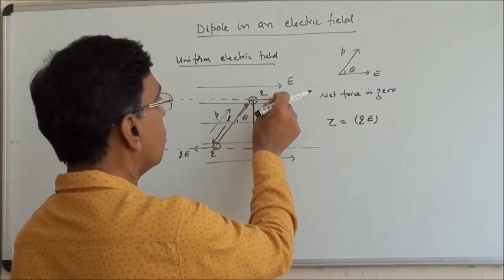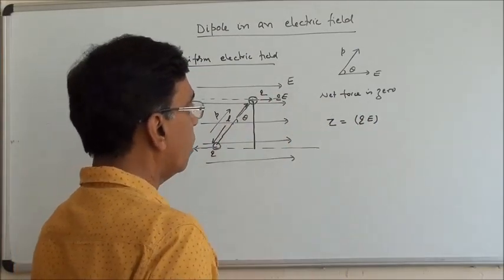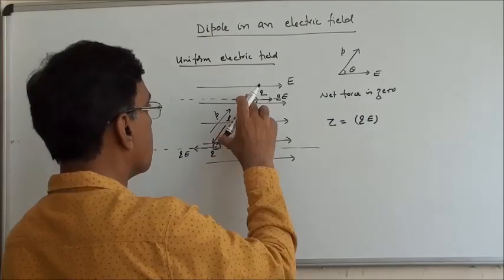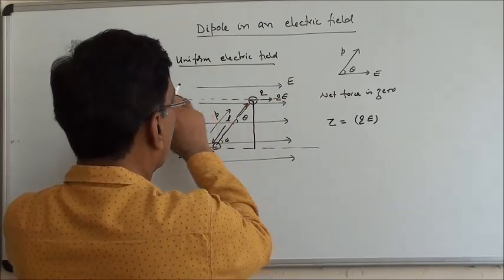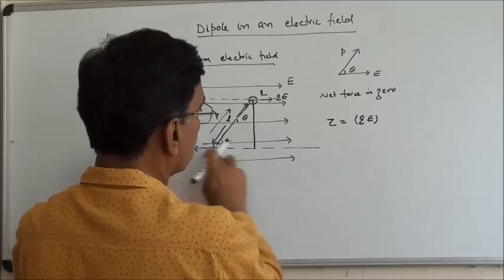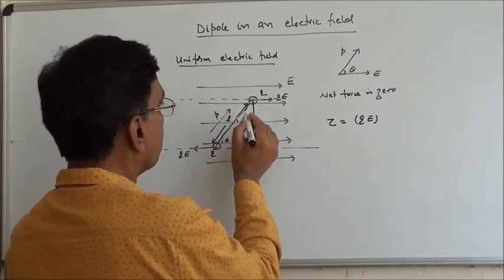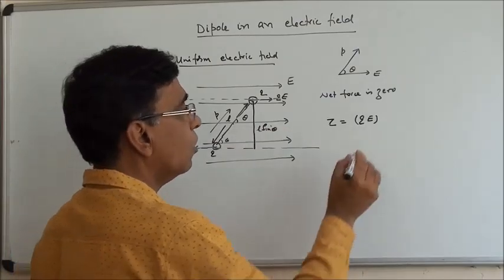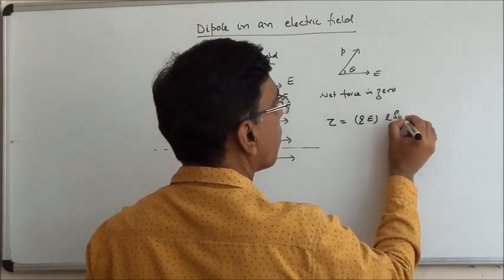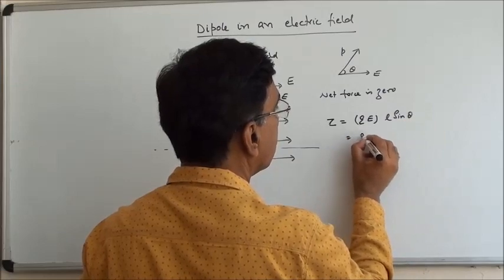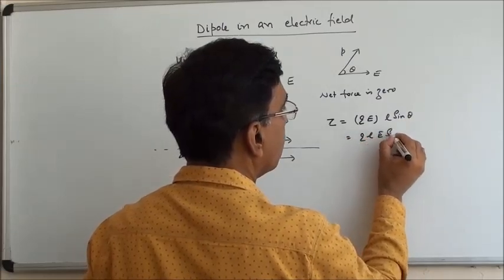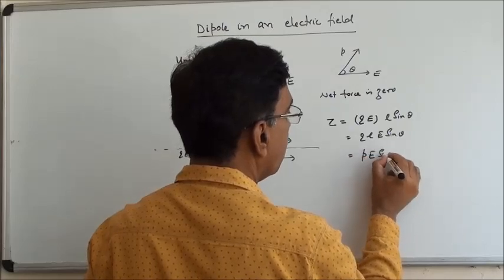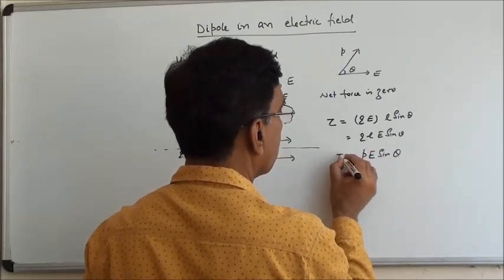Or one way is QE, one force, times the perpendicular distance between these two lines. This is L, this is theta, so the perpendicular distance is L sine theta. So QE times L sine theta, which is QL times E sine theta, and QL is P. So torque is P E sine theta.